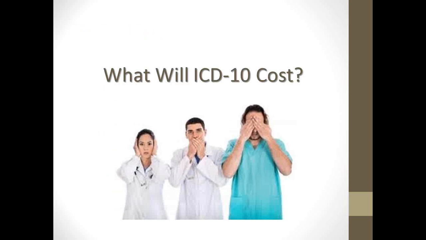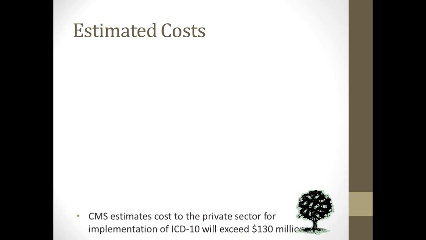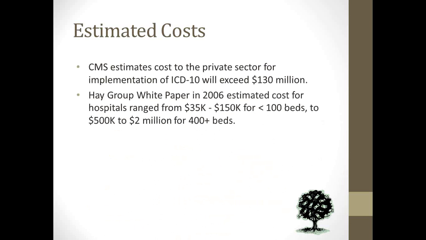So what do you think ICD-10 will cost you? Well, here are some estimated cost figures I've come up with for you. CMS estimates costs to the private sector for implementation of ICD-10 will exceed $130 million. There's a Hay Group white paper from 2006. The estimated costs for hospitals range from $35,000 to $150,000 for greater than 100 beds, $500,000 for less than 100 beds, and $500,000 to $1 million for 400 plus beds.